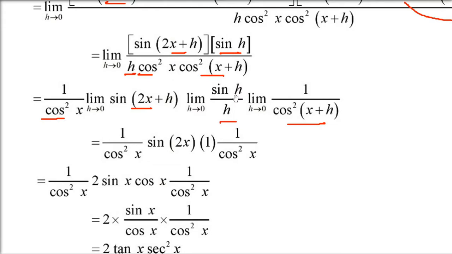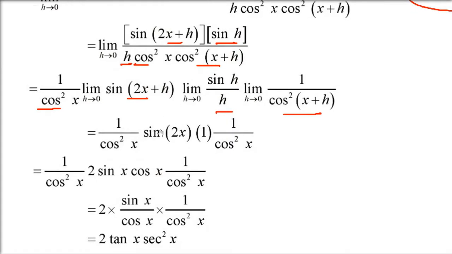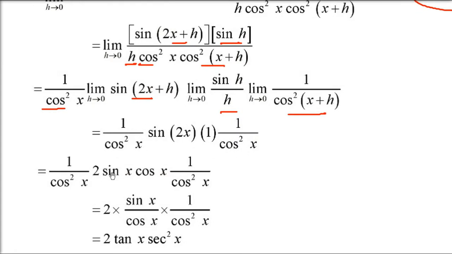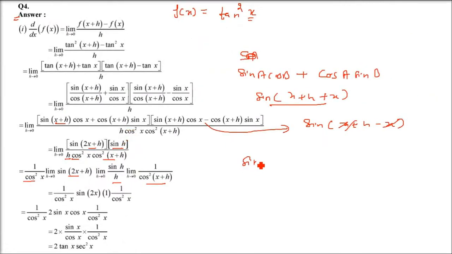1 by cos squared x is already there. sin h by h is 1, and this is 1 by cos squared, h is 0, so cos squared x. So sin 2x by cos squared x, cos squared x. Now sin 2x can be written as 2 sin x cos x, since sin 2 theta is 2 sin theta cos theta. Now one cos you can cancel.